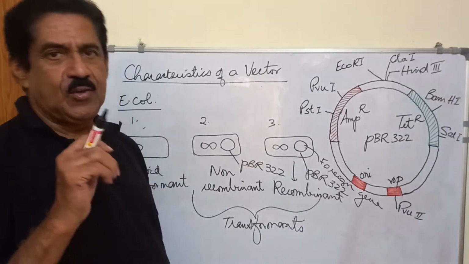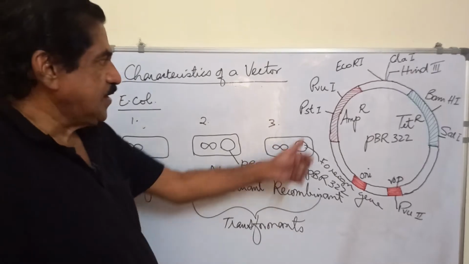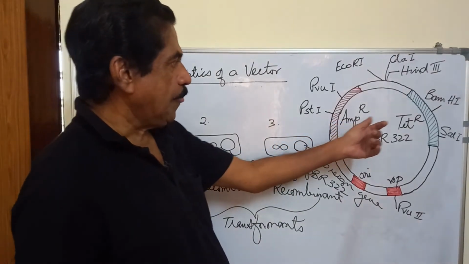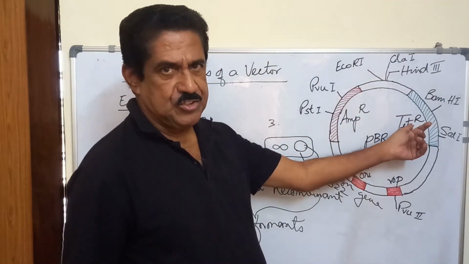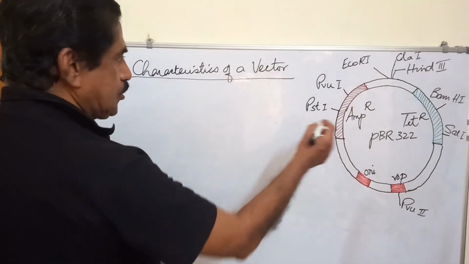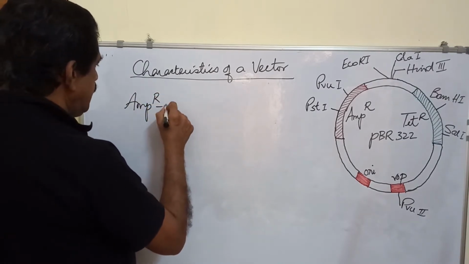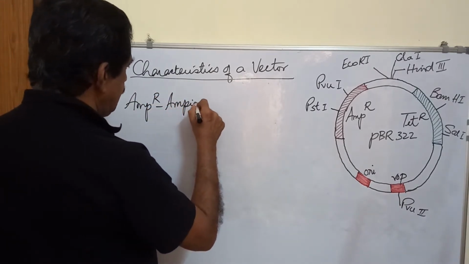In order to select the recombinant bacteria, we use two marker genes. One is the ampicillin resistance gene, the other is the tetracycline resistance gene. Short form AmpR stands for ampicillin resistance gene.